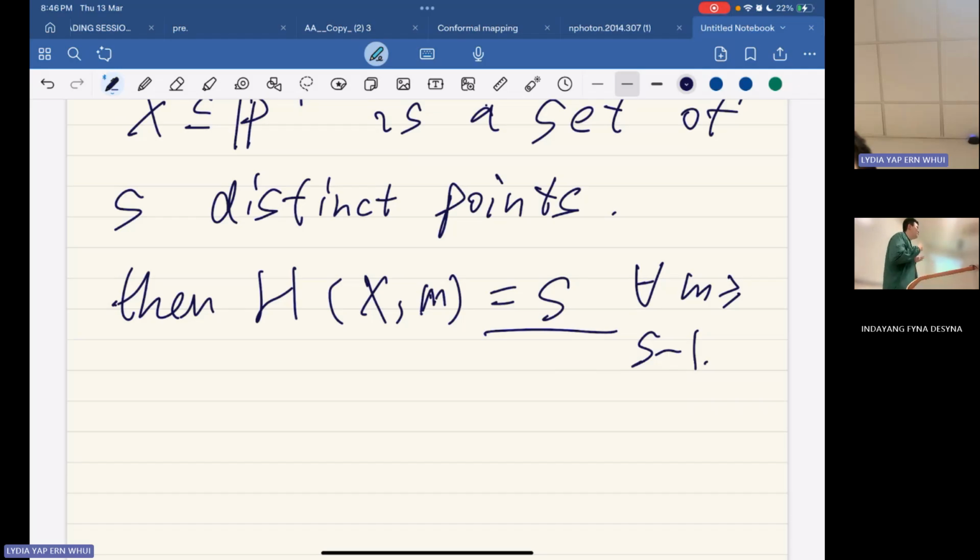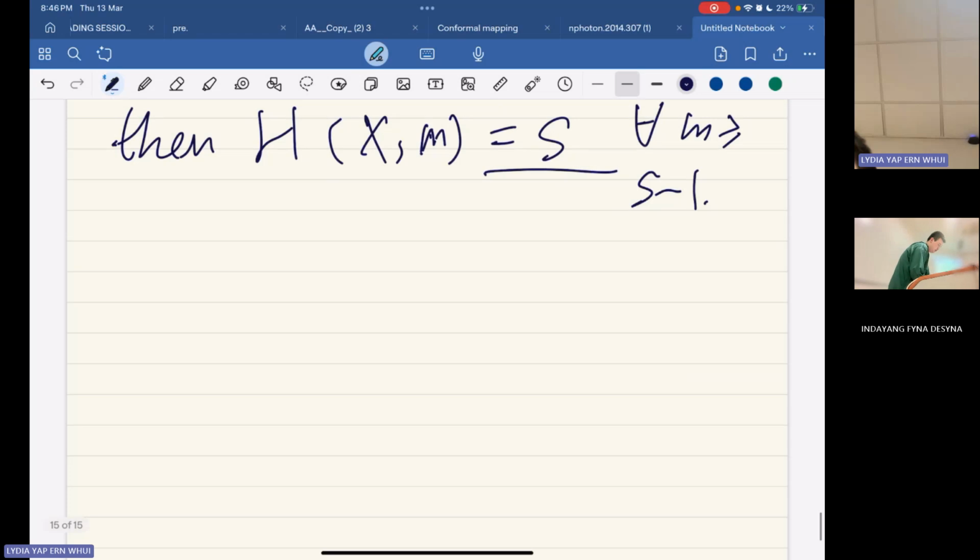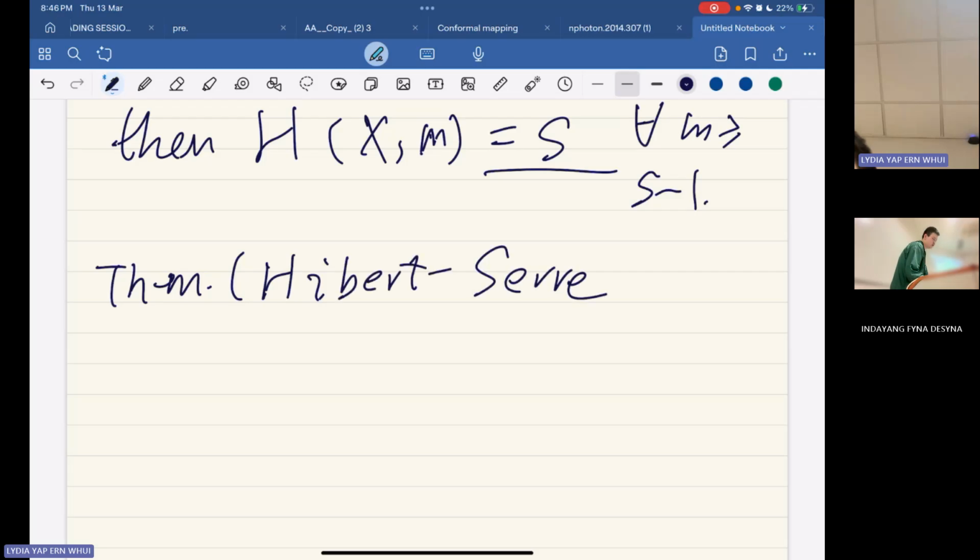So actually, this can motivate us to make a claim. Actually, this is a theorem, and I think some books call this the Hilbert theorem. I also find some other books call other things related to this Hilbert theorem, but I am not very sure.